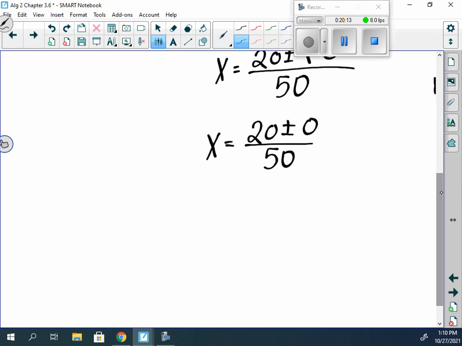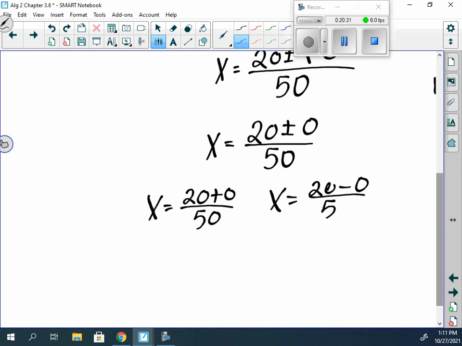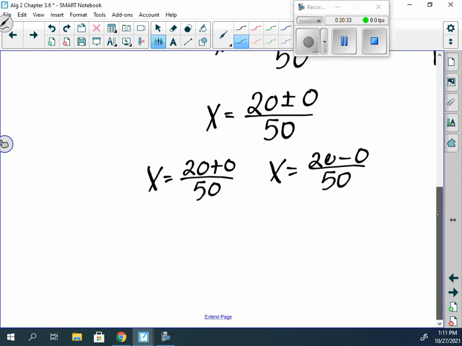Well, can I add 20 and 0 or subtract 20 and 0? Oh, yes. I mean, 20 plus 0 is 20. So we could do 20 plus 0 divided by 50. Or we could do 20 minus 0 divided by 50. Well, what is 20 plus 0?